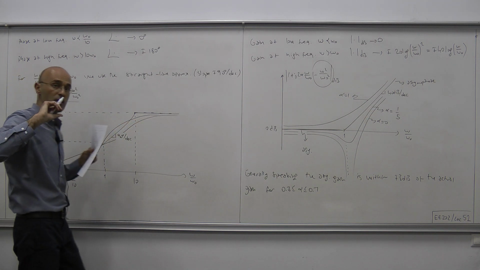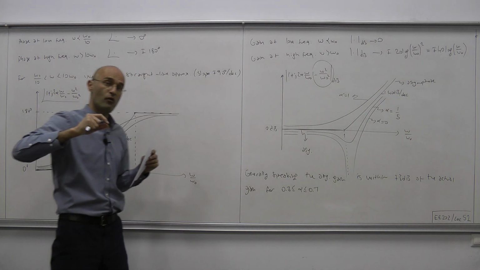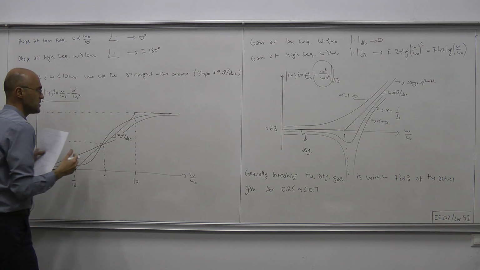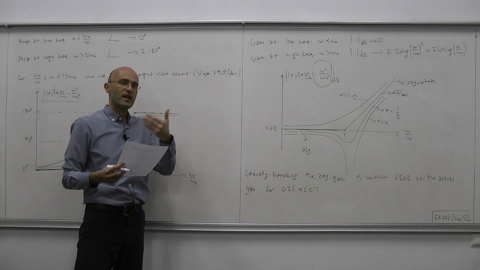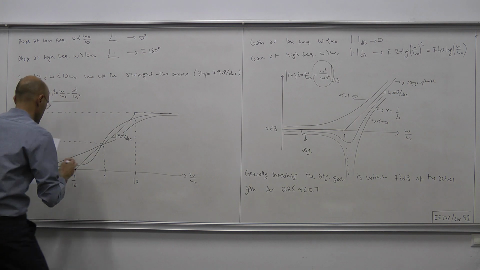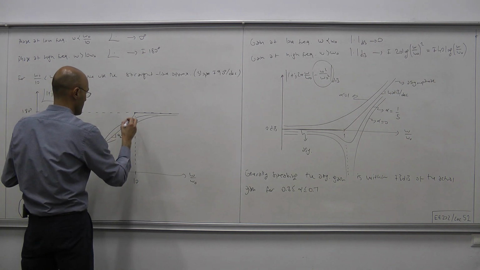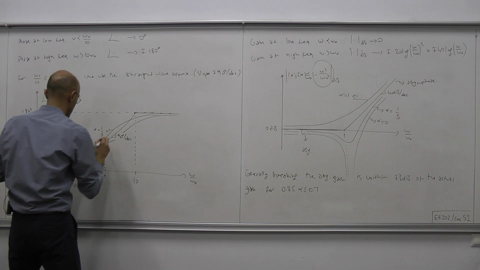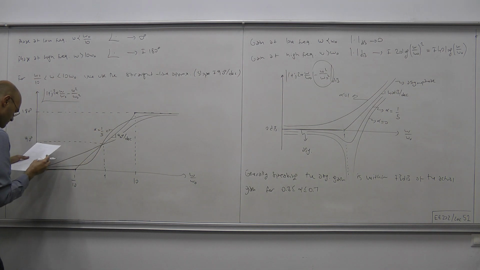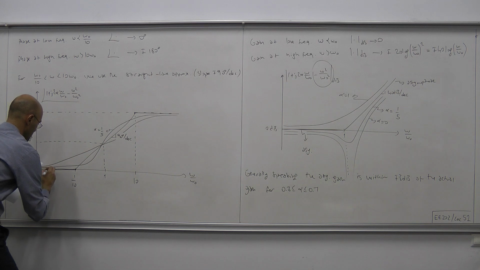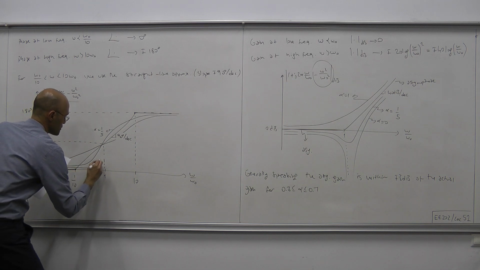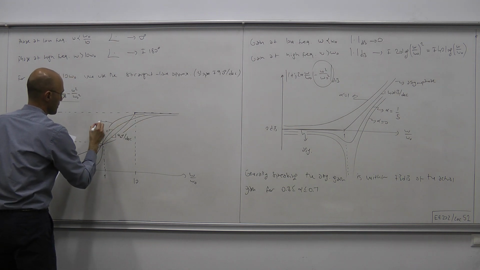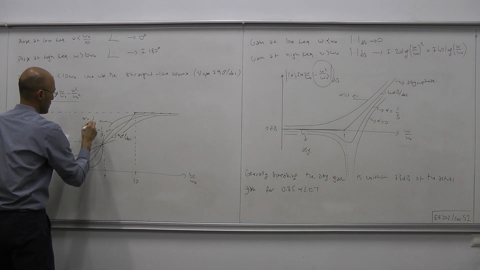And as you decrease alpha further and further, as alpha approaches more and more to 0, the phase becomes more and more step-like. So this is, let's say, for alpha equals 1 over 5, and for alpha equals 1 over 10, it's more steep, and so on.